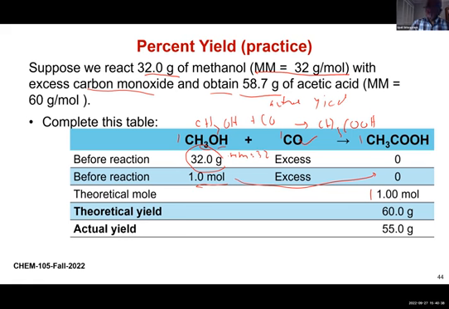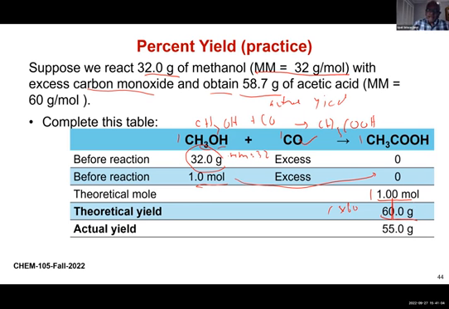That is the theoretical mole. These are calculations. So acetic acid has a molar mass of 60. 1 mole times molar mass in grams. Actually, it's 55.